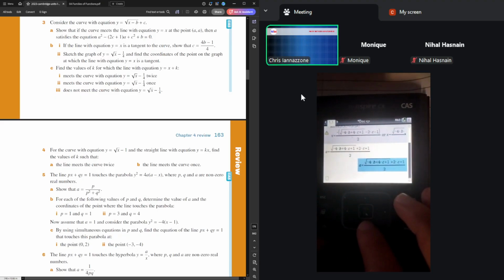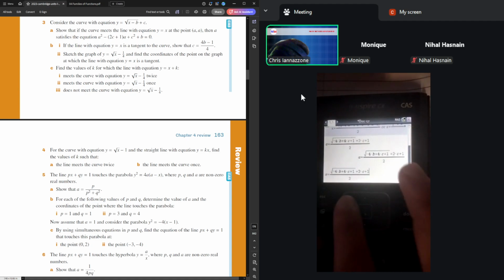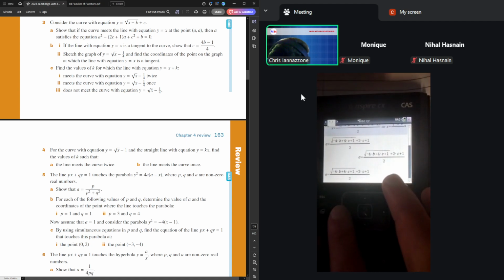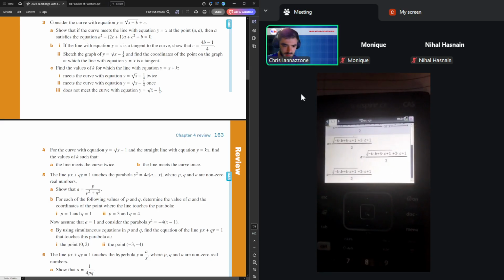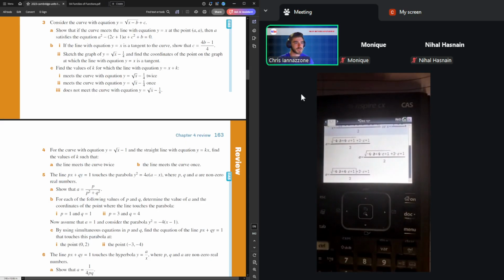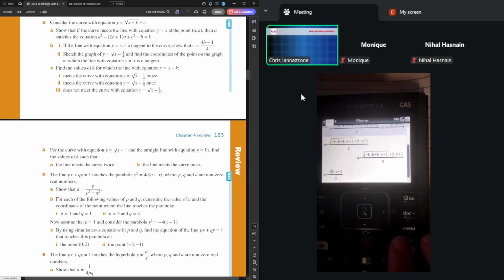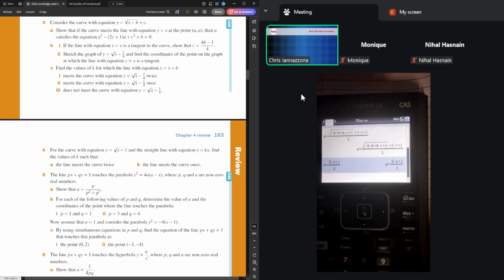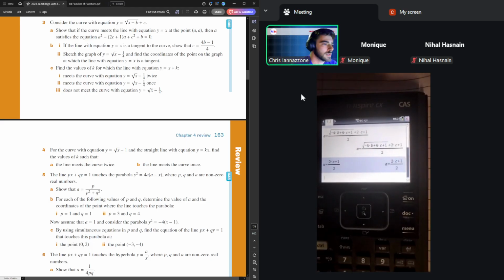Because the idea there was if it only meets once, then the square root term should condense down to 0. Because the only time you have two solutions is when the square root is non-zero. So I was thinking maybe we could possibly just get rid of that. And that'll get a relationship of A being 2c plus 1 over 2. So that simplifies things quite nicely.